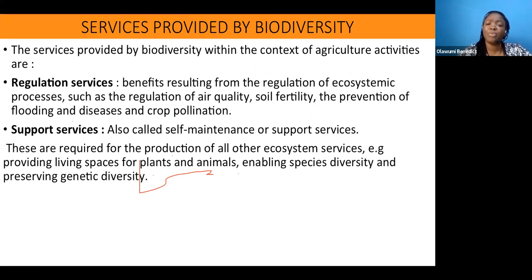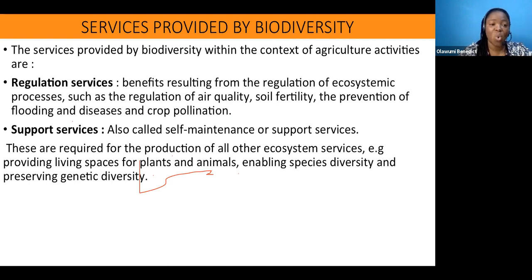So we move on to services provided by biodiversity. There are some services that biodiversity gives to us, though sometimes we don't account for them. We don't put them into writing. But these are things that we get when we practice good and sustainable biodiversity.